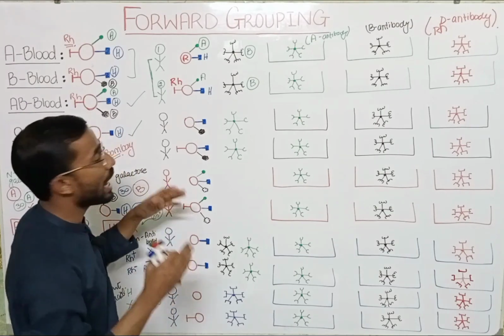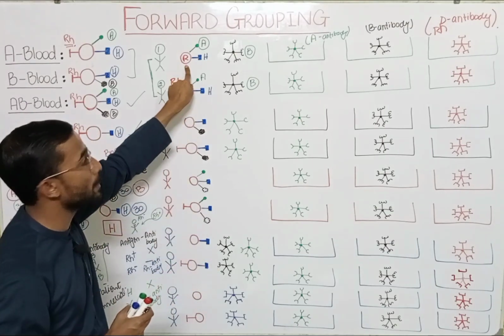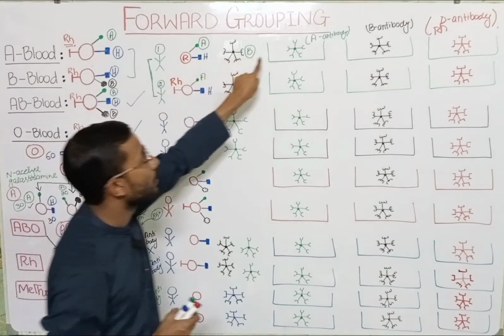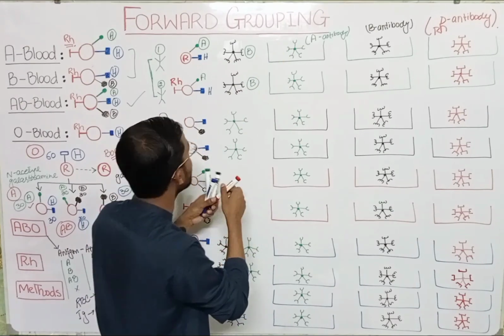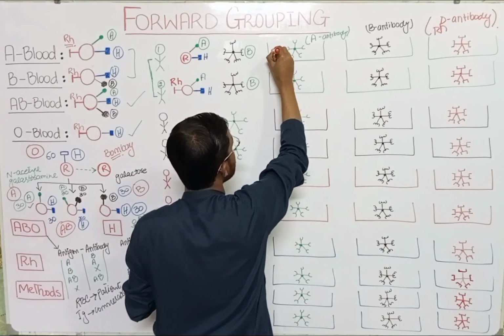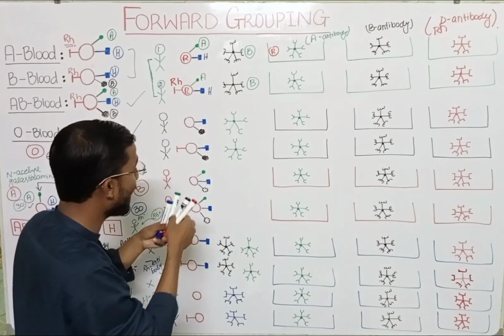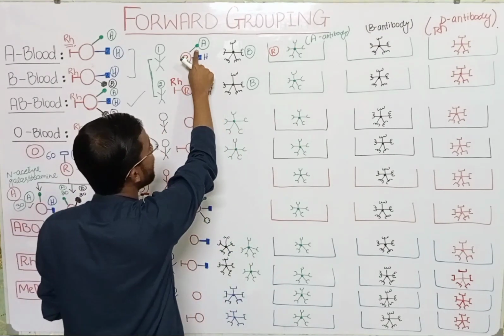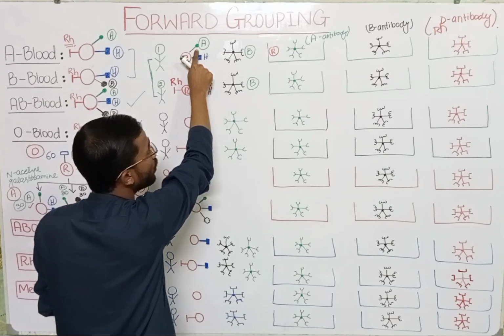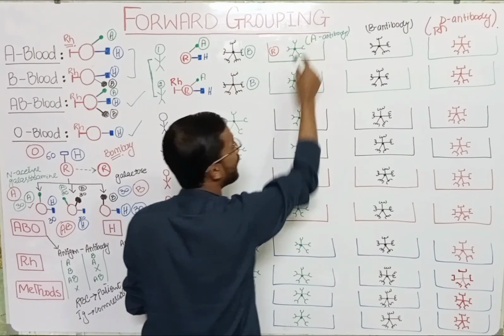And as we know, the RBCs will enter in that situation. So this is the case. And this A antigen will react with the A antibodies.